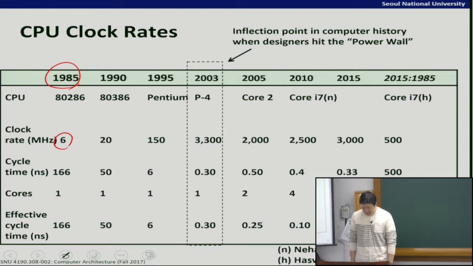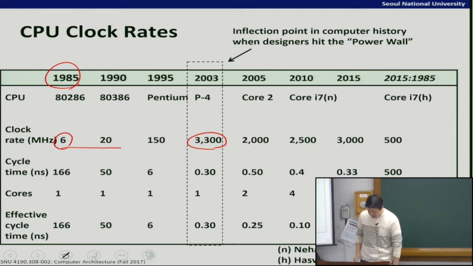At the time, we had PCs running at 6 megahertz. It's really slow, and this clock rate was also scaled continuously, and then it reached 3.3 gigahertz in the early 2000s. In 2003, we hit the 3 gigahertz mark. In the Pentium 4, we had 3.3 gigahertz around 2003. So one clock cycle time is about 0.3 nanosecond.